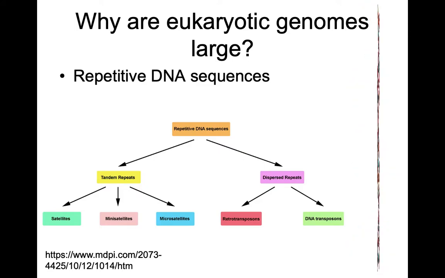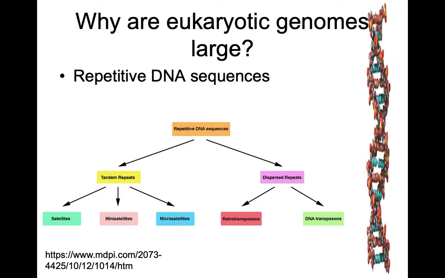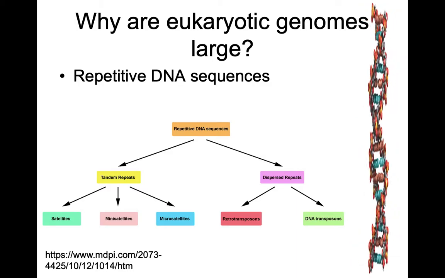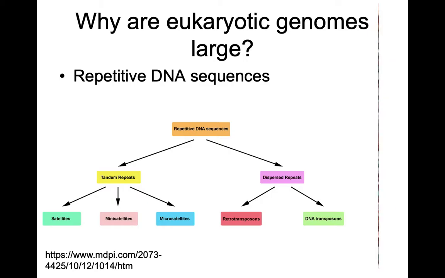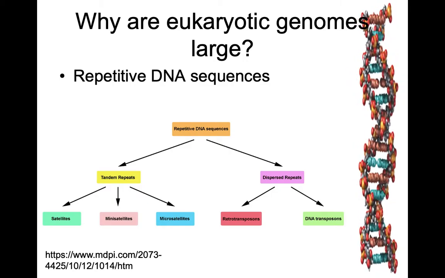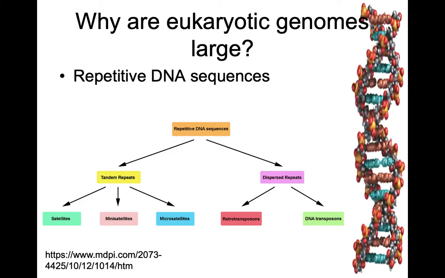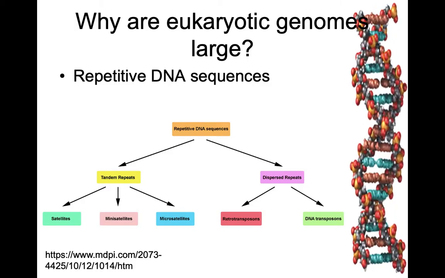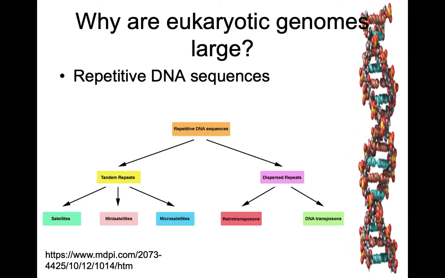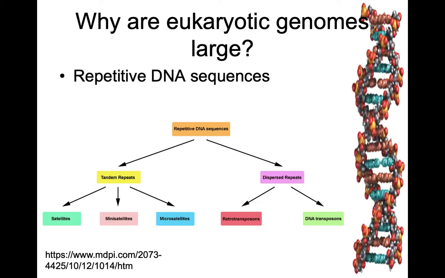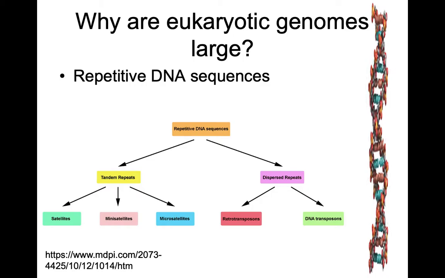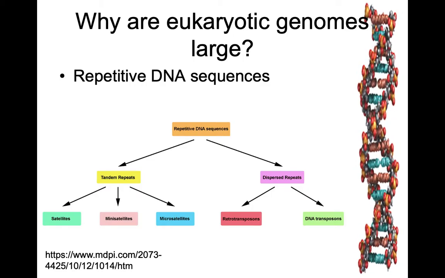We also have dispersed repeats, which are associated with DNA sequences that move from one location to another. Meaning these DNA sequences are not conserved at a particular position of the entire genome. It's possible that at one point they're found at a particular location, let's say 900 to 950, and then after some time it's found in another place.